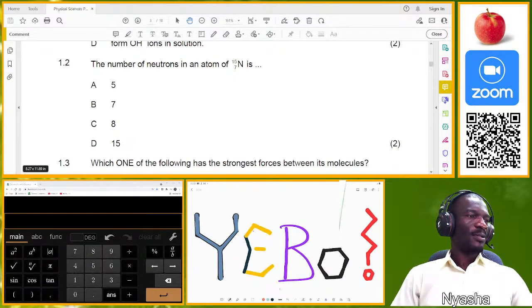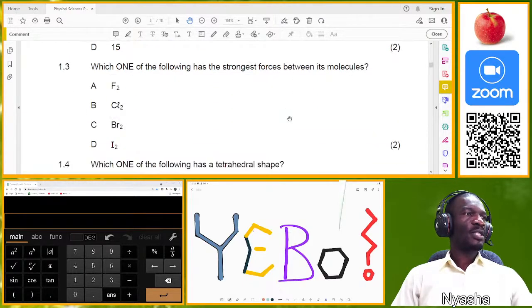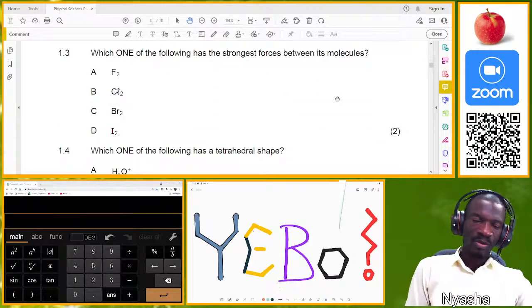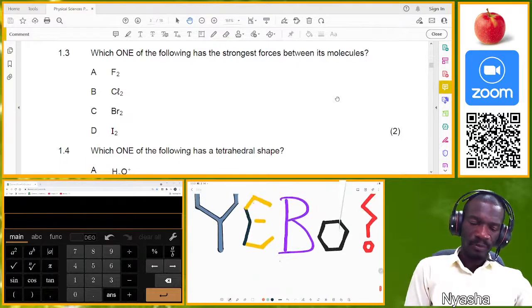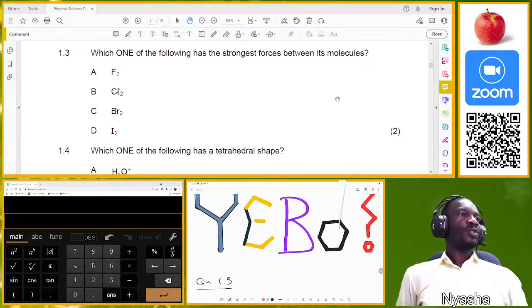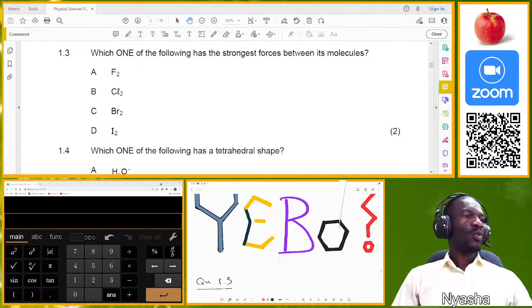All right, so let's jump on to question 1.3. Which one of the following has the strongest forces between its molecules? Right. Which one shows the strongest forces between its molecules?